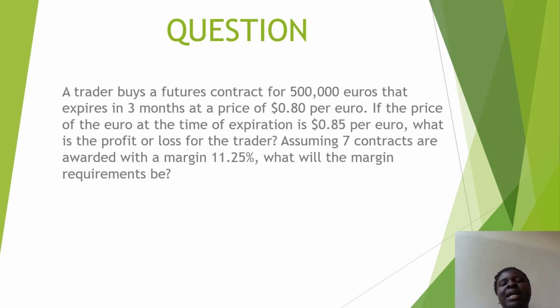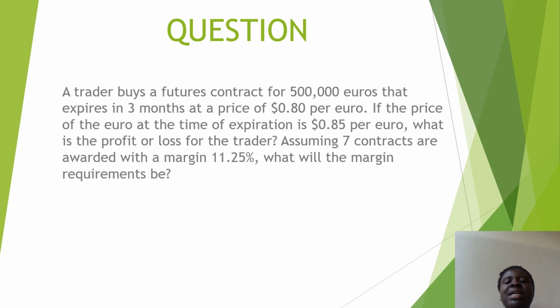So this trader decides to buy a futures contract for 500,000 euros that will expire in 3 months. He has gone to the stock market, seen a contract, and decides, okay, I'm buying this futures contract. That means in the future I'll be buying 500,000 euros from the other party in that contract.